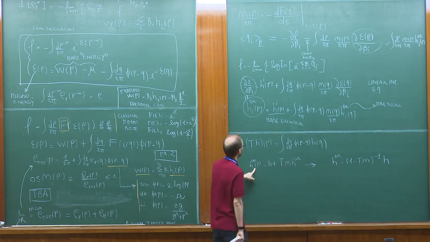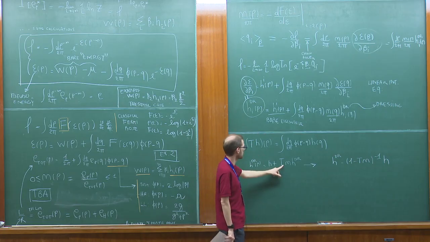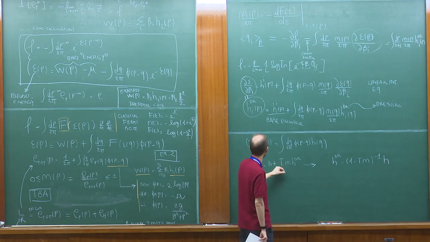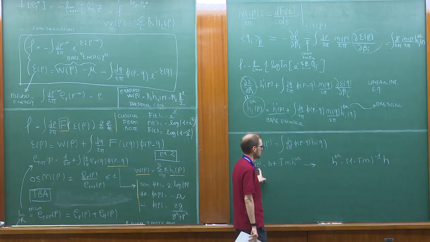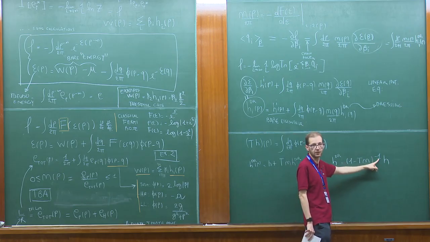So I'm just expressing in a compact way this form here. It's the bare eigenvalue plus this operator T, integral, applied to the function n h dressed, where the application is essentially a function of p obtained upon integrating over the second momentum. If you do this, you can invert this relation and obtain the dressed eigenvalue in terms of the bare one by applying this inverse integral operator.